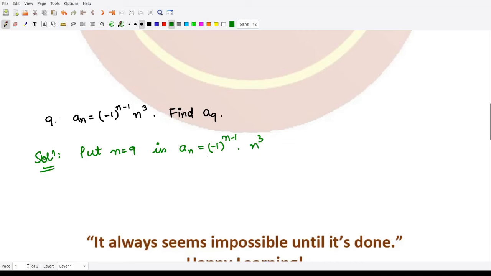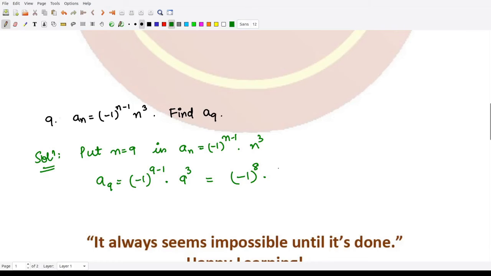So at which places do we have n? We have n here, and n here. So we will substitute 9 in its place, so that we would have a9 is equal to minus 1 raised to power 9 minus 1 into 9 raised to power 3. So when you solve this, it would be minus 1 raised to power 8 into 9 cube.